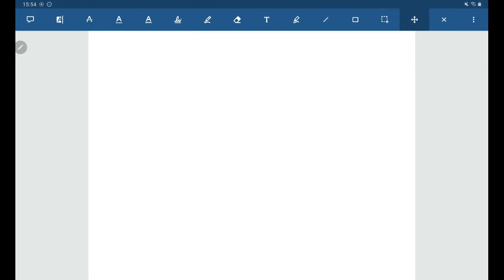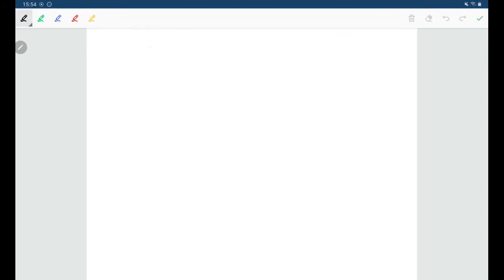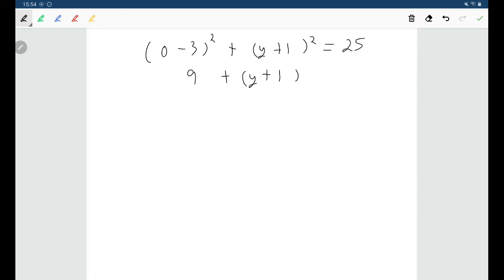So when we've put in 0 for x, then on the left side we'd have 0 minus 3, which is negative 3, squared would be 9. And so we'd have (y plus 1) squared equals 16. Again, using my square root property, y plus 1 should be plus or minus the square root of 16, which is the same thing as 4.